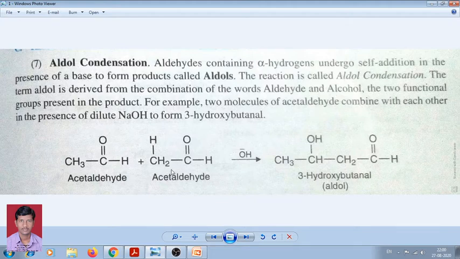The aldehydes containing alpha hydrogens undergo self addition. They get added with each other, meaning an addition or condensation reaction takes place, in the presence of base.